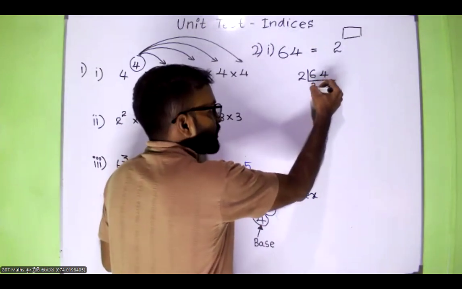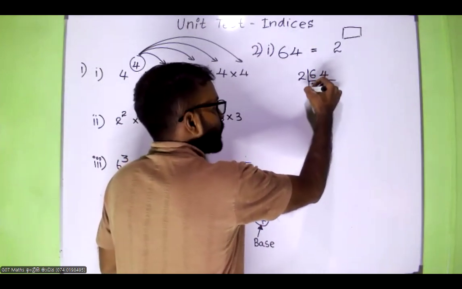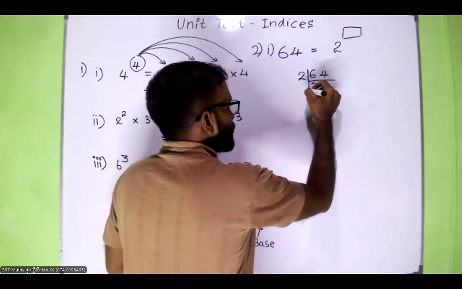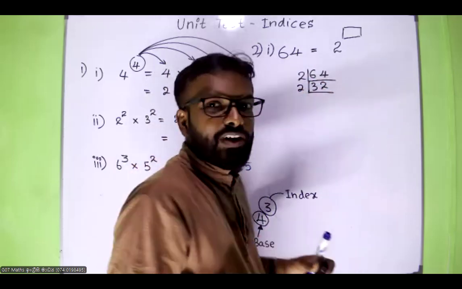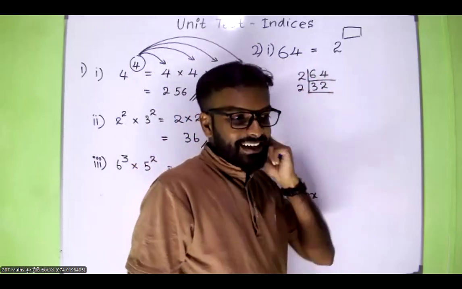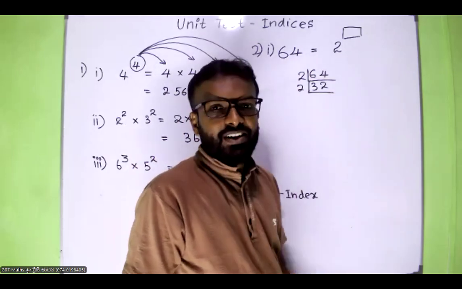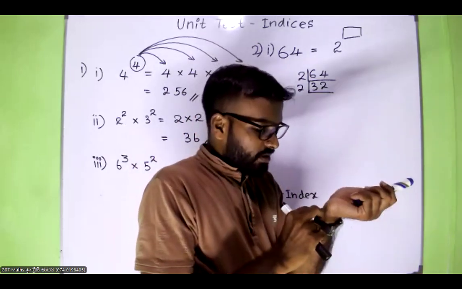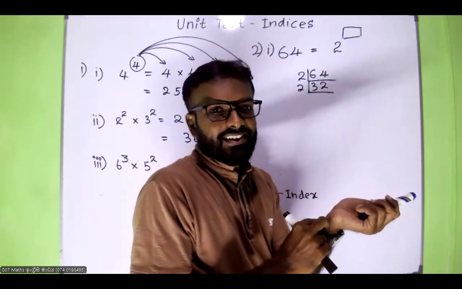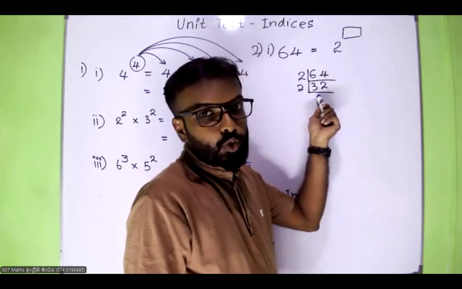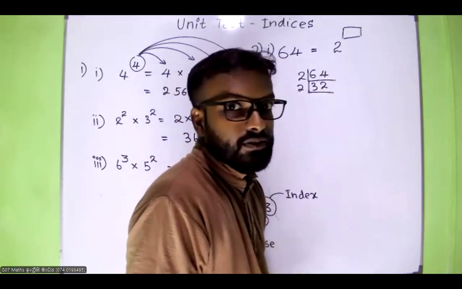2 times 3 is 6. 2 times 2 is 4. So 64 divided by 2 is 32. Now 32 divided by 2, what would be the answer?